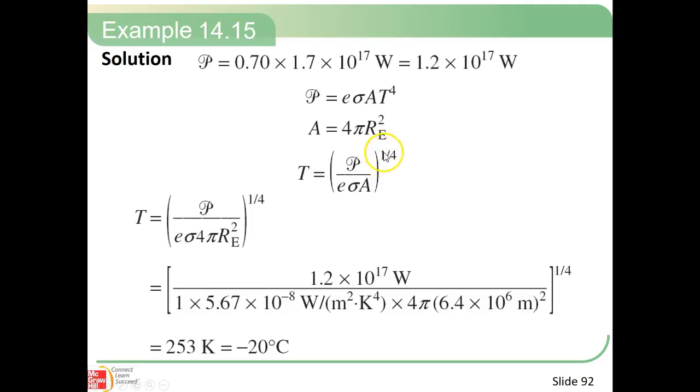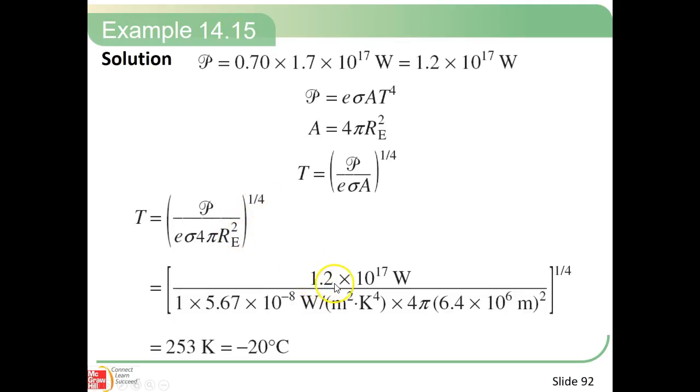That's why we've taken it to the 1/4 power. We're going to replace this A with what we have here. And so now the temperature of the atmosphere is equal to that power value that they gave us divided by the emissivity, which we said is 1, times sigma, times 4 pi, the radius of the Earth squared. And then we're going to take the fourth root of that.